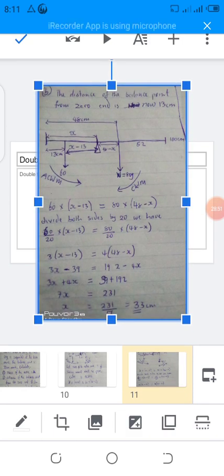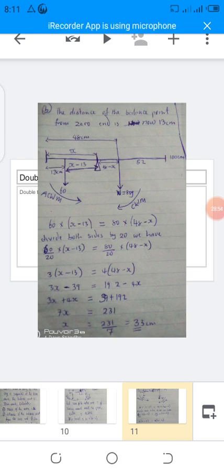The reason we use X minus 13 is that the balance point must be greater than 13. Our anti-clockwise moment will be 60 times the distance of the 60 grams to the pivot, which is X minus 13. Then our clockwise moment is 80 grams times 48 minus X.